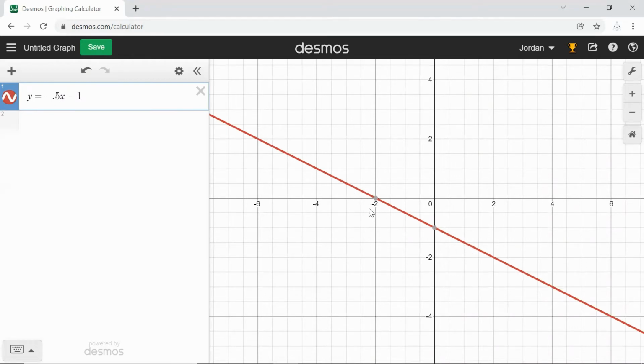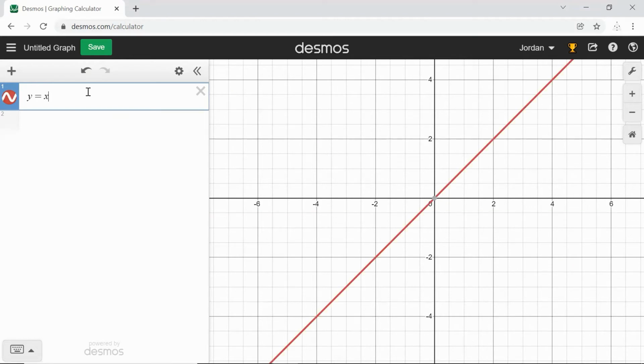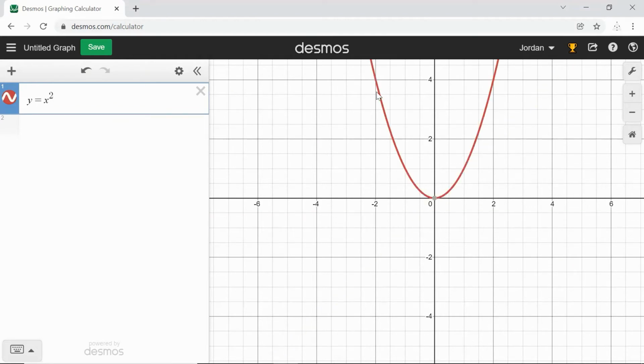Now, the terms increasing and decreasing do not need to apply over the entire function. For instance, y equals x squared is decreasing from negative infinity up till you hit the point (0, 0), and then starts increasing as you move above 0.